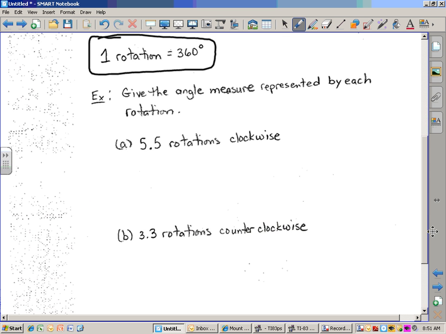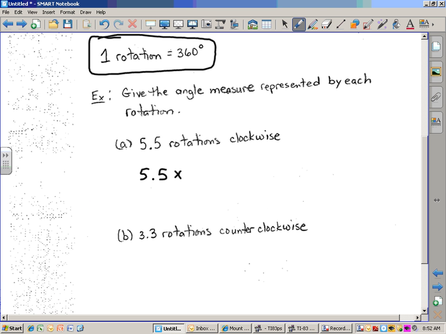This is actually, again, used. If you've ever seen snowboarders or skiers do jumps, they usually call their jumps by the angle measurement. So if someone spun around a certain amount of times, instead of saying they did a 1.5 spin, they would say what the equivalent of that is. So let's say they spun around 5.5 times. What would they call that? Well, if we simply just take 5.5 times 360.